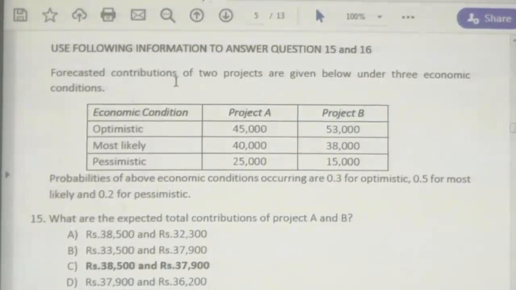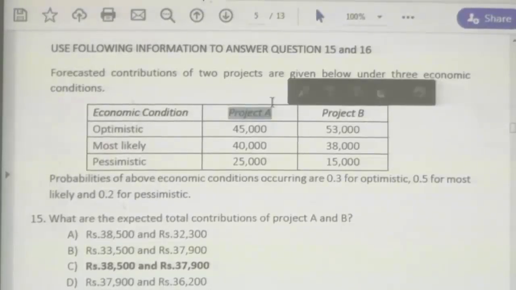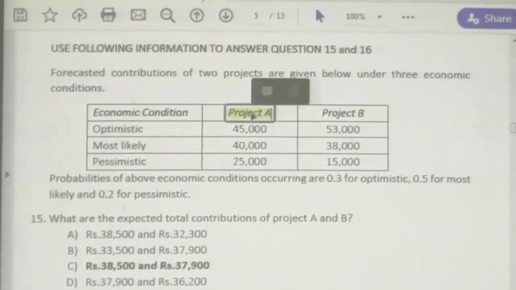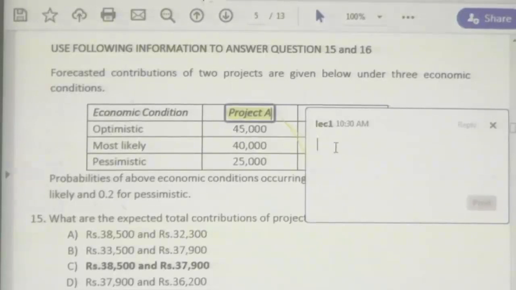What is expected contribution? Let's take project A. For the expected contribution of project A, you will take all three possible profits: 45,000, 40,000 and 25,000.